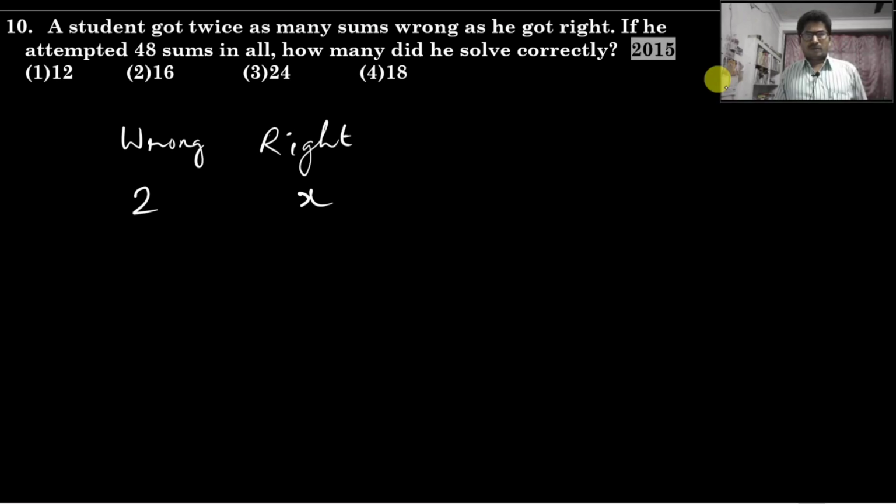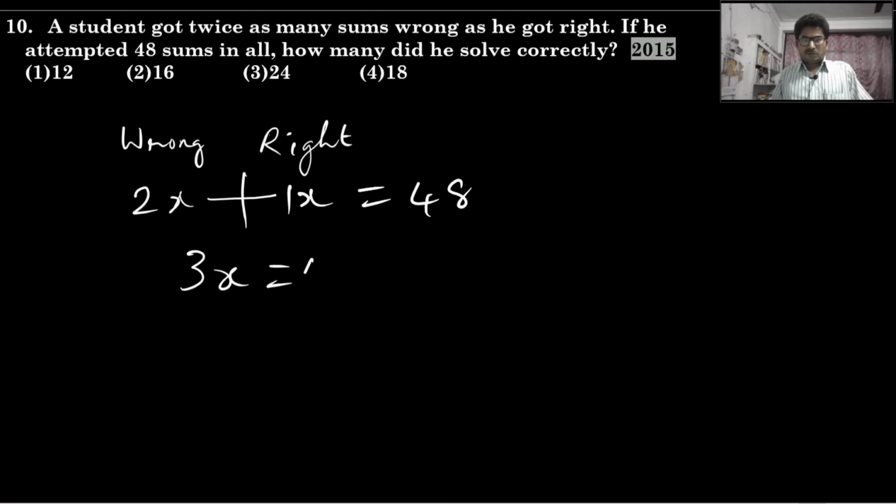A student got twice as many sums wrong as he got right. So twice means 2x. If he attempted 48, so in total he attempted 48. So 2x plus 1x, 3x. 3x is equal to 48. X is equal to: 3 ones are 3, 3 sixes are 18.